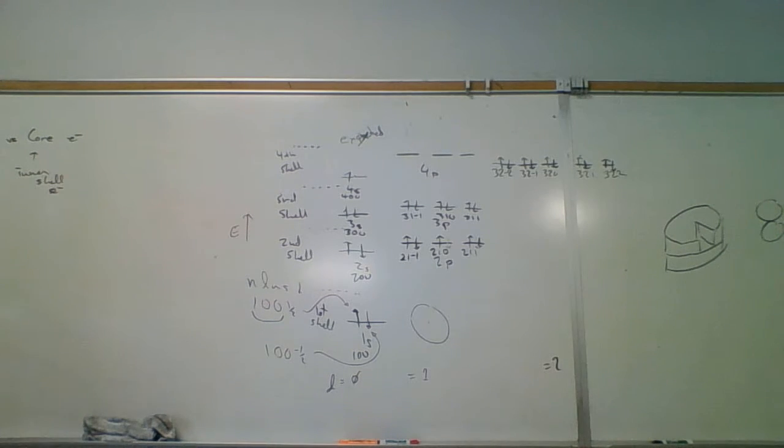Now this gets tricky because some of these shells, like the 4th shell in particular, are a little bit tricky, but the other shells are pretty easy. And so outermost, we'll have to define this as the highest n orbitals.